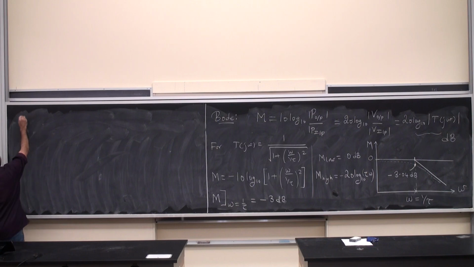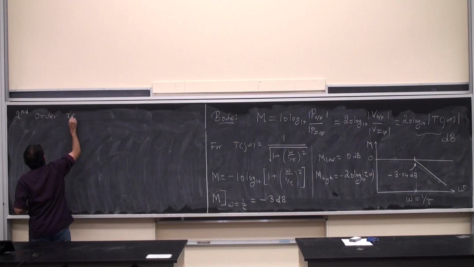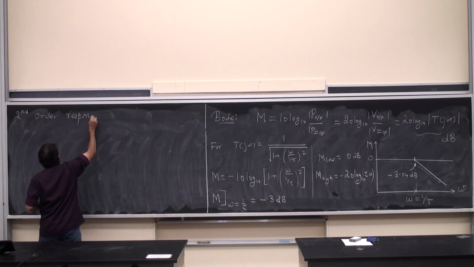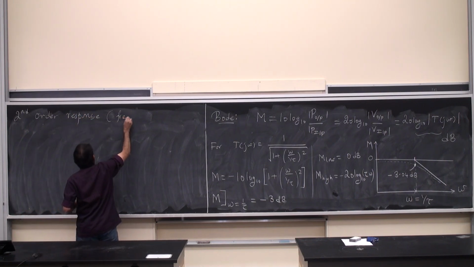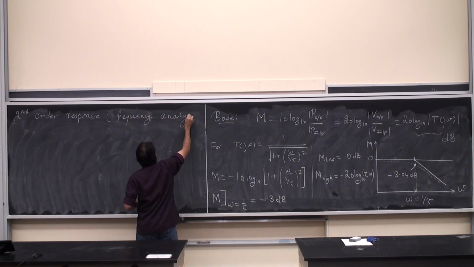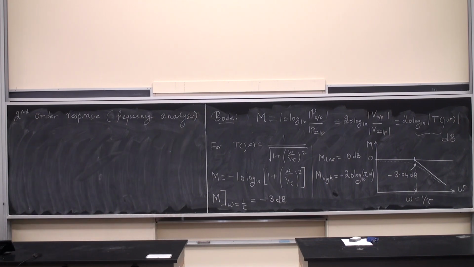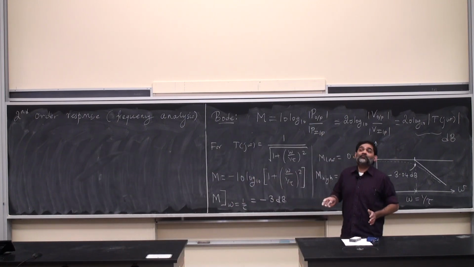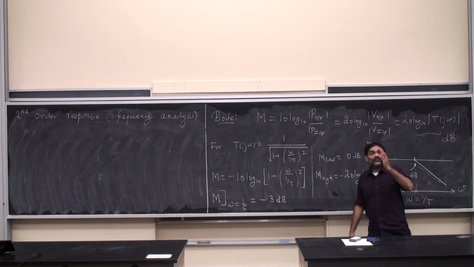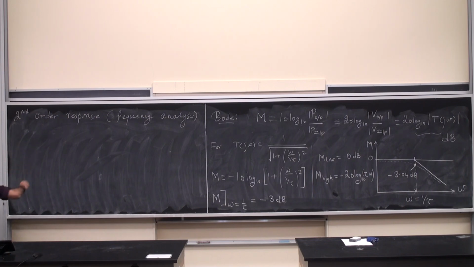So, second order response in the frequency domain. I'm not going to do the Bode plots today because we have enough to talk about in terms of the second order response. We will come across the terms called the resonant frequency, and then we will also look at the system peak values, and eventually we will define a factor called the quality factor. Okay? The three things that we will do.